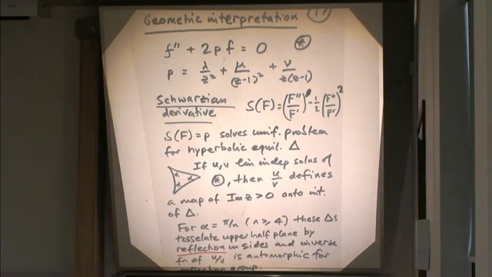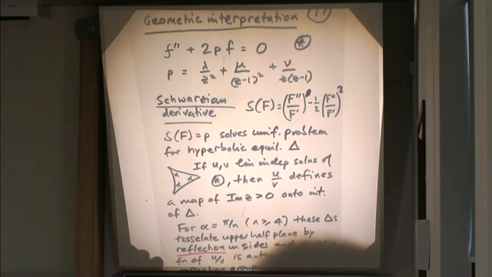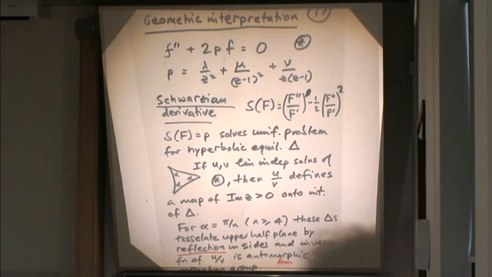And then, if you reflect in the sides and invert the function u over v, you get an automorphic form for that reflection group, the reflection group in the sides of that triangle. It will have some anti-holomorphic things in.